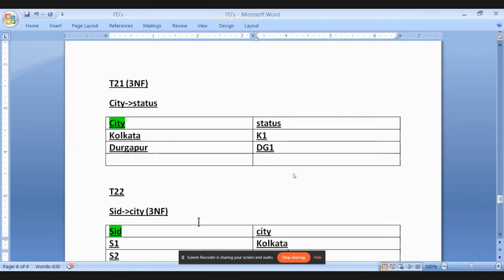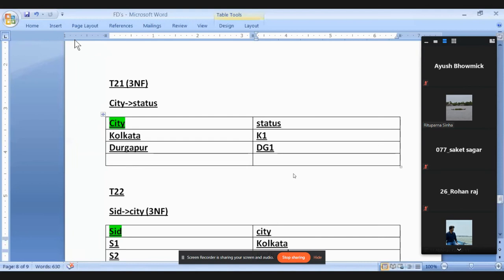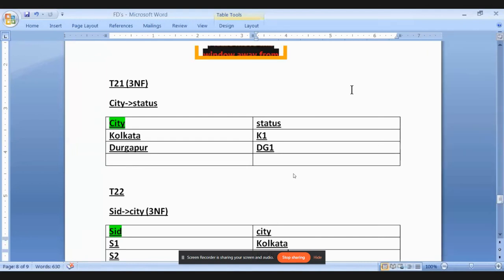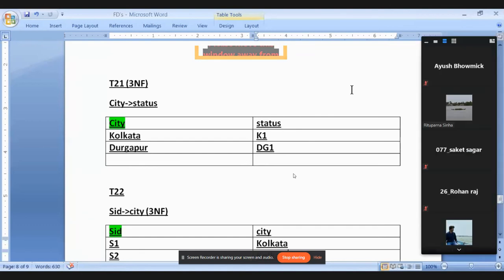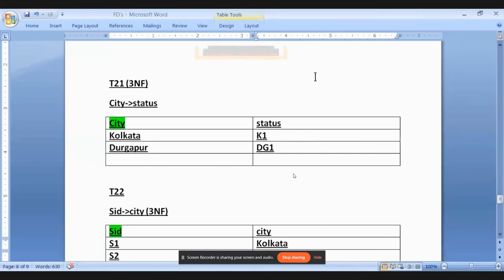Okay, so let all of you write your roll number in the chat box. Only few students are serious, others are not at all serious.